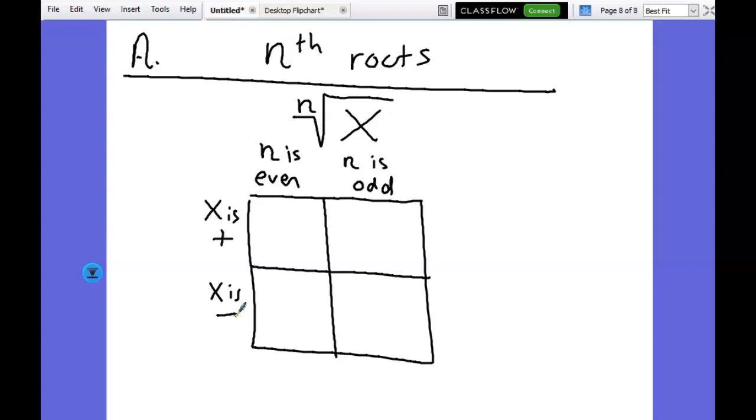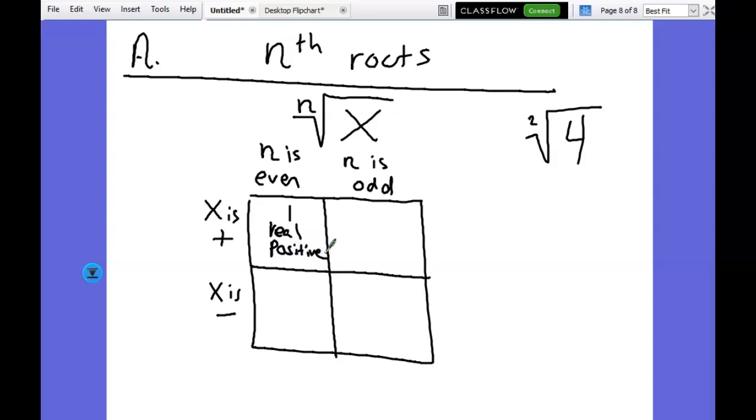So let me give you an example. Let's pick a regular square root, okay? So let's put a 2 here, and then I'm going to put a positive number in here like 4. When you take the square root of 4, what kind of answer do you get? 2. You get 1 real positive number.